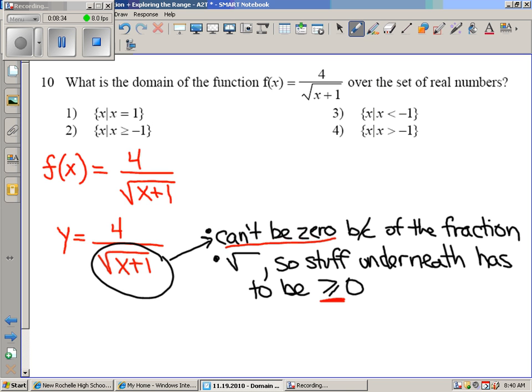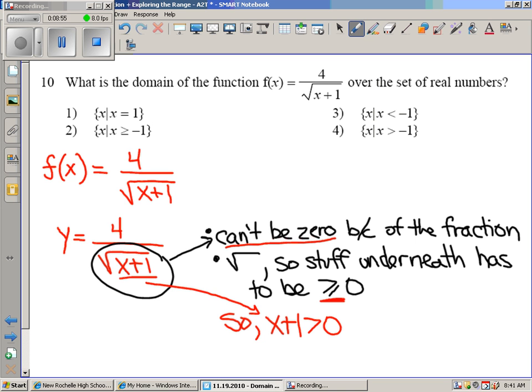And then the final answer is the combination of the two. So you know that this business under here, x plus 1, because it can't be 0 and because it has to be greater than or equal to 0, it's got to be greater than 0. And then you just solve it.